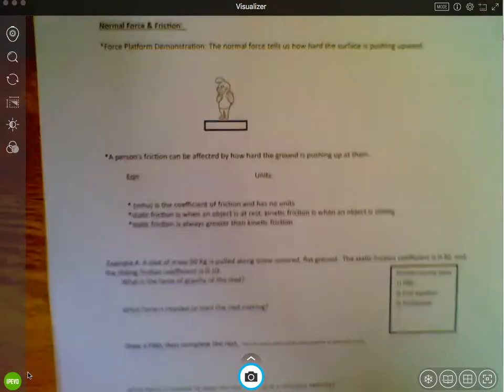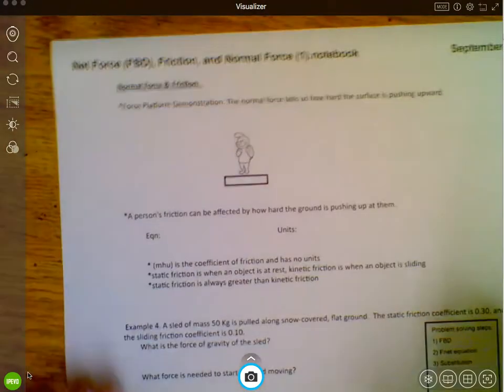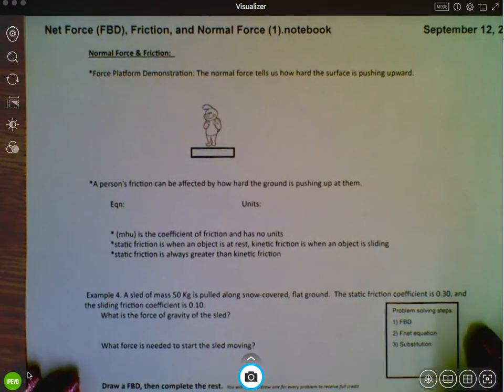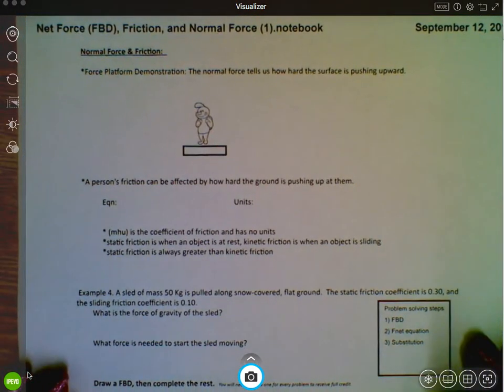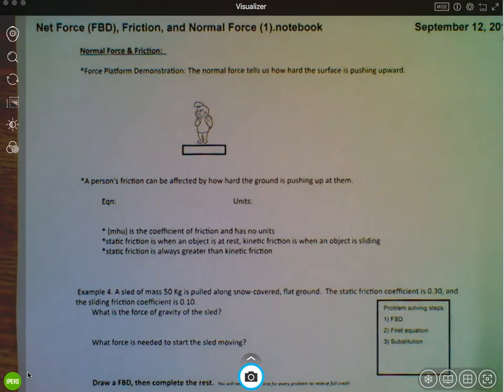All right, so we've actually not done normal force, it looks like. So we will do that now. The normal force is basically the force of any surface pushing up on any object, or I guess it doesn't have to push up, it could push in any direction, but most of the time it pushes up.